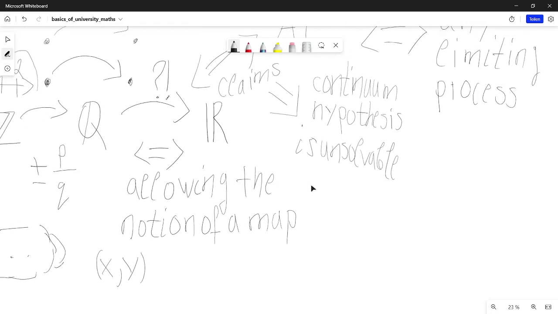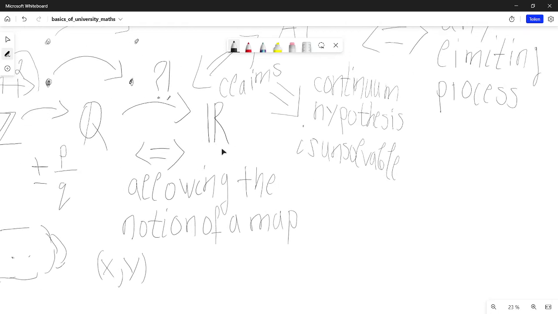So you see, the real numbers are really the step or the building stone where the genuinely abstract intelligence comes into play.